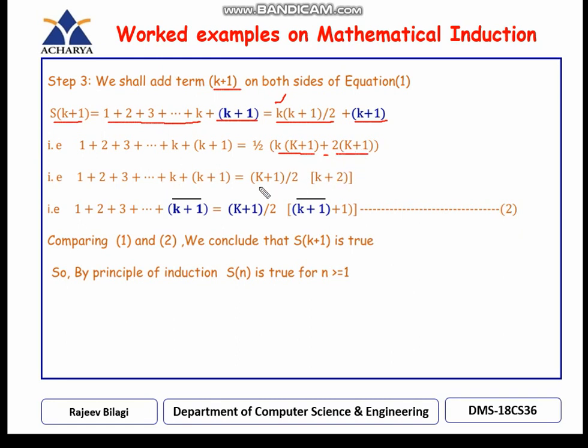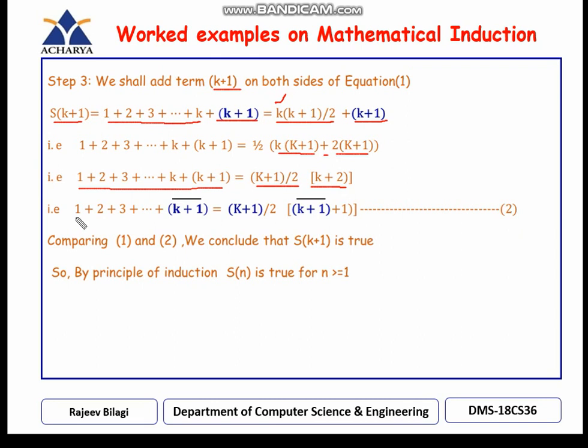Now I'll write this as it is. k plus 1 is common on both the sides. I'll take k plus 1 divided by 2, which is already there. So what is left out? This one k plus 1 you have taken out, so I got k plus 2.